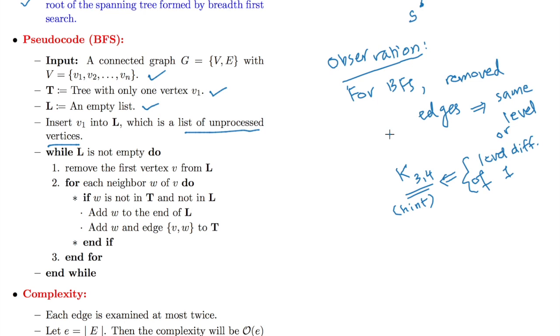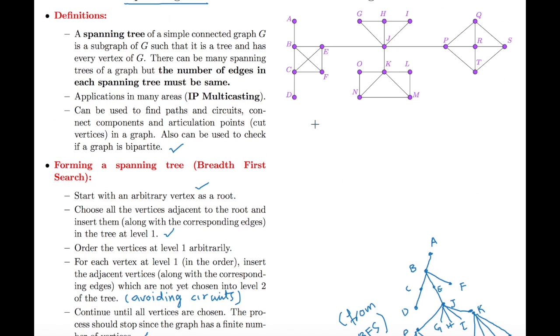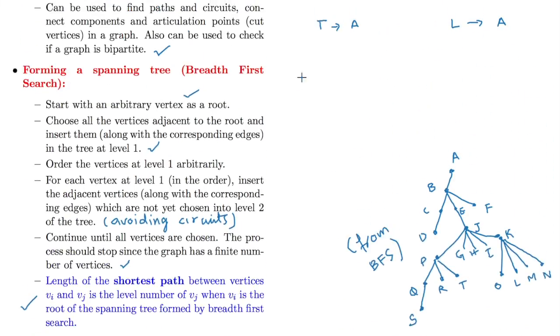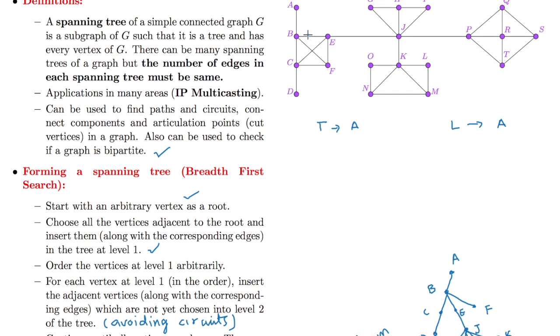Now let's see whether it makes sense. In our example, in the start my T has only A and my L has A. Then for each neighbor of A: what is the neighbor of A? B. Is B in T? No. So we put B and the edge AB in T, and now A is gone because we remove A from L, but we put B in L. Now what are the neighbors of B?